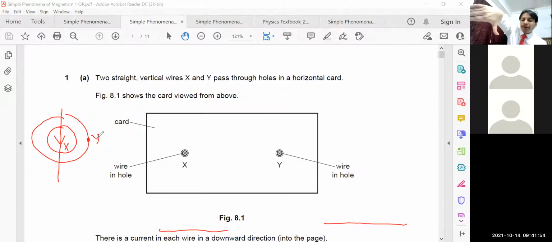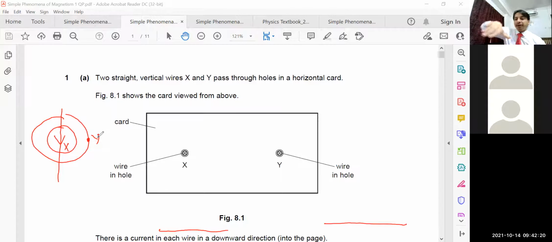Current is entering into the plane of the notebook. Thumb in the downward direction. Y is to the right hand side. At the palm side, you have to look at the palm, children, and draw a perpendicular. That perpendicular will give you the direction of magnetic field at point Y.